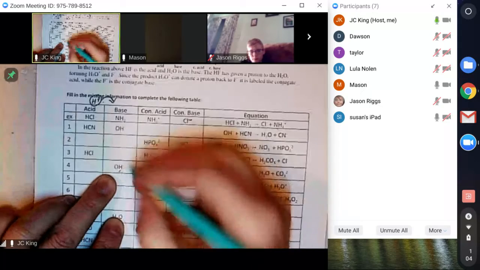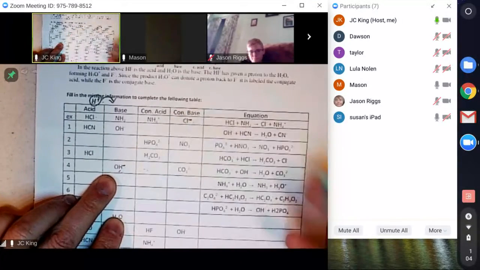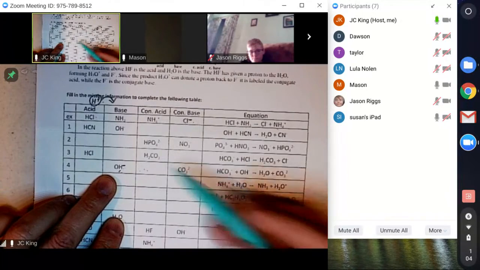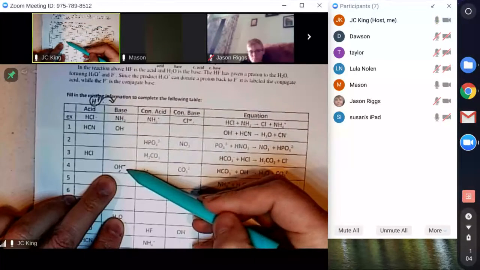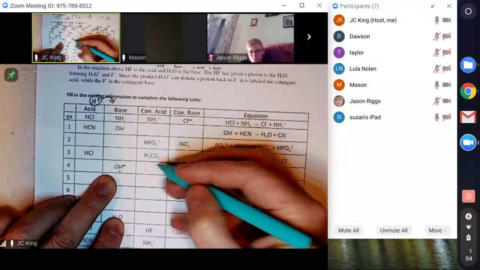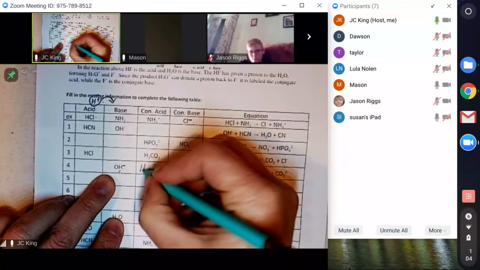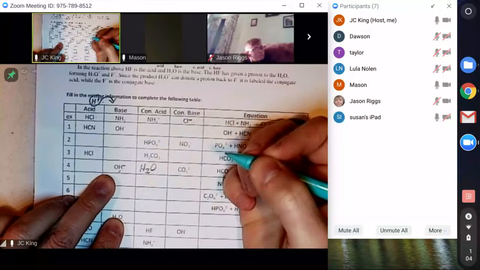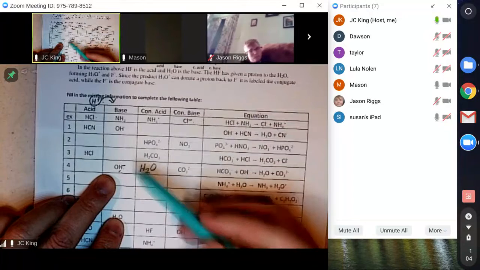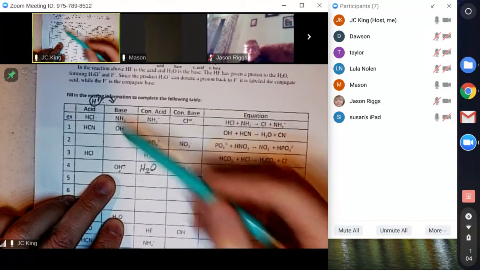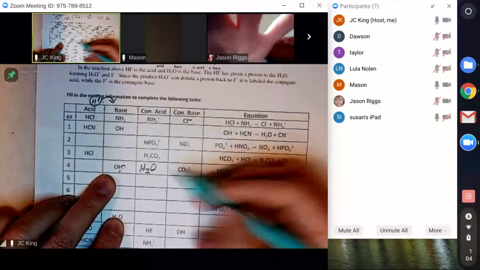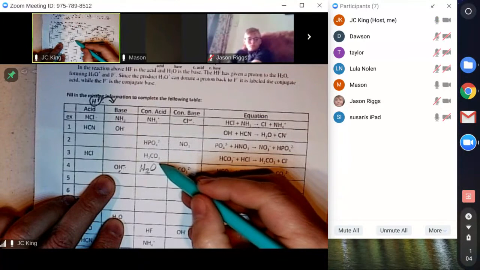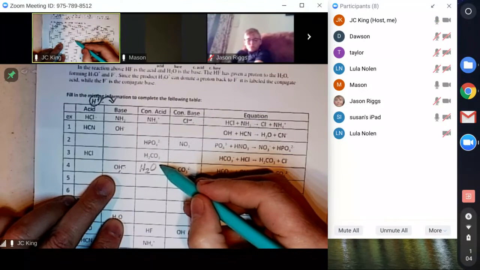And right now it's OH with a negative charge. If we added another hydrogen ion to it, then we're going to have 2 hydrogens and 1 oxygen. And the charge, since we have a negative to start with, we're adding a positive to it. Total charge is 0, so we don't have to write positive or negative anything here.